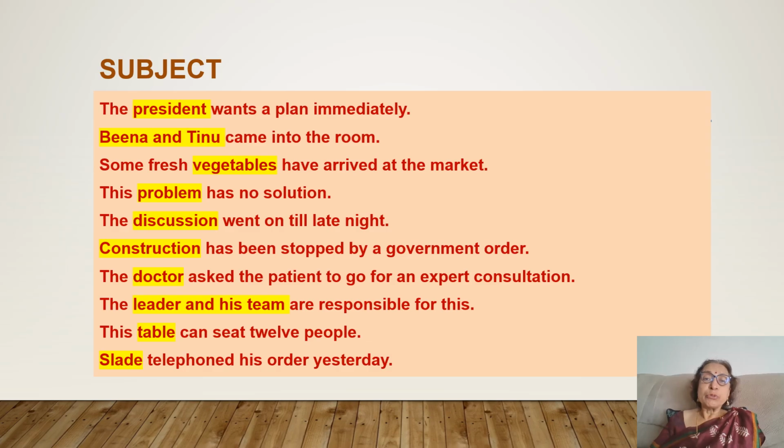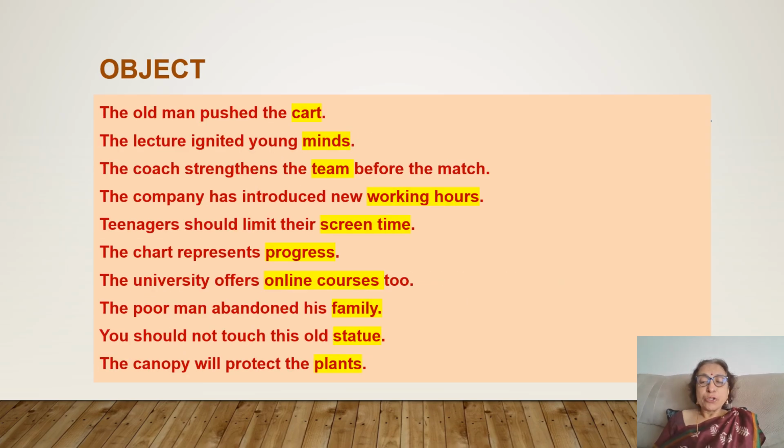I have now shown you different types of nouns which can come as the subject. Let us move to the object. You might notice that I'm pronouncing this as object, putting so much stress on ob. The same spelling can be used as a verb also, where we pronounce it as object, with the stress on ject.